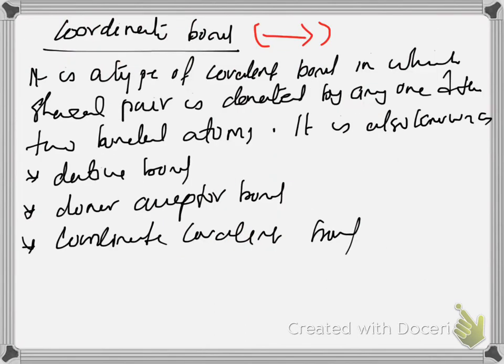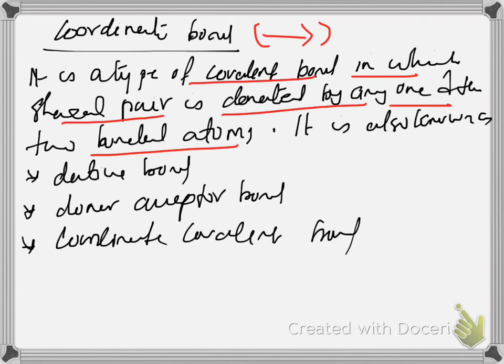Now see what a coordinate bond is. This is another kind of chemical bond. It is actually a type of covalent bond in which the shared pair is donated by any one of the 2 bonded atoms. In a covalent bond, both atoms should contribute equally, but here the shared pair is donated by 1 atom, and the second atom needs to give its vacant orbital for sharing.